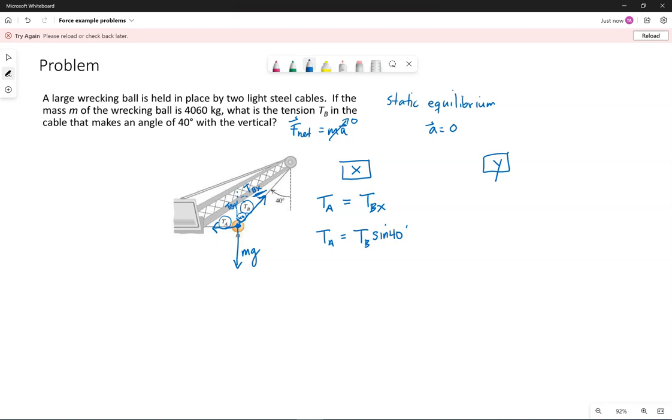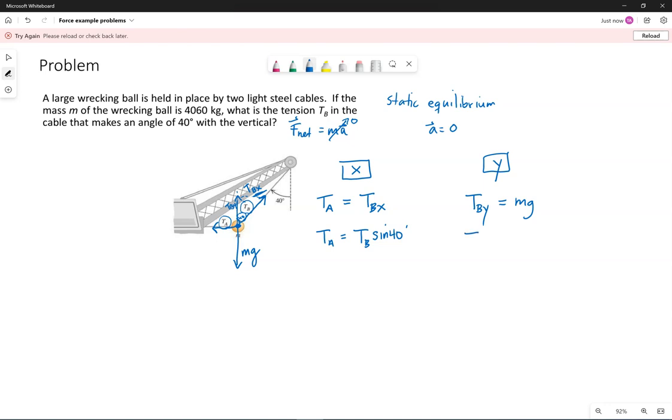The forces need to balance out in the y direction as well. That will keep the wrecking ball in place. We know tension B has an upward y component. Tension A does not. So the only upward force is the component of tension B. That needs to balance out the only downward force of mg.